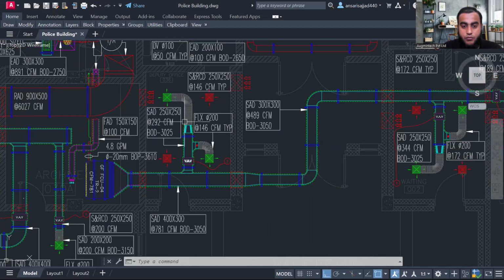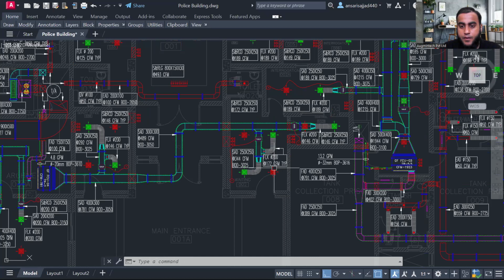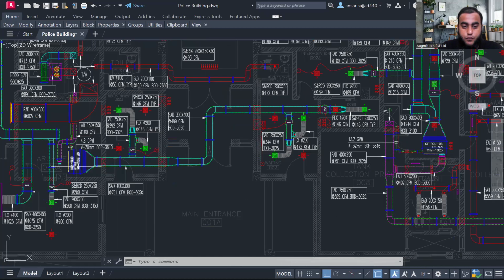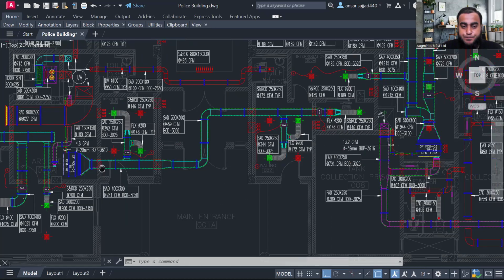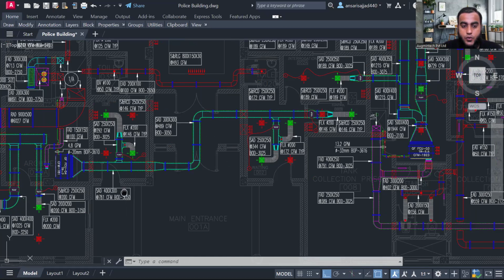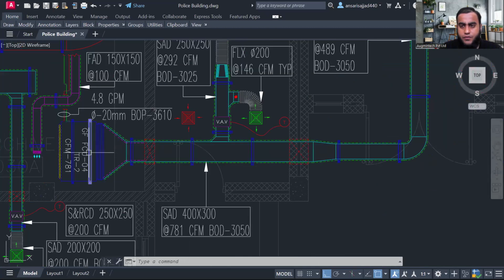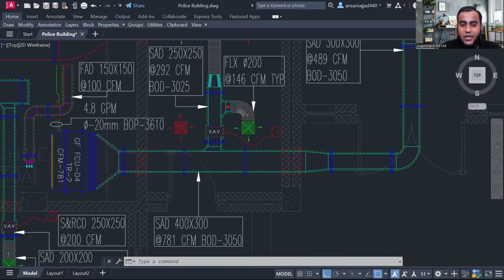Here we have taken one branch duct, supplying conditioned air in the deputy office. In the same way, another branch duct supplies conditioned air in the waiting room. So to find out the external static pressure, always select the longest duct routing. Suppose this is the FCU, and inside the FCU the fan is there. For the selection of that fan, I am just doing the calculation.